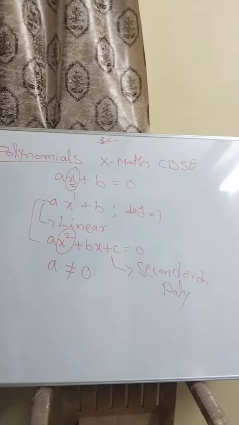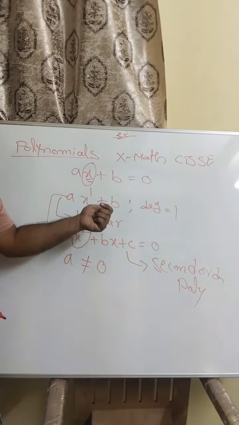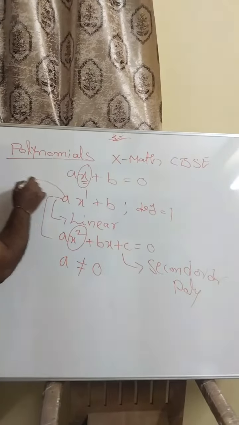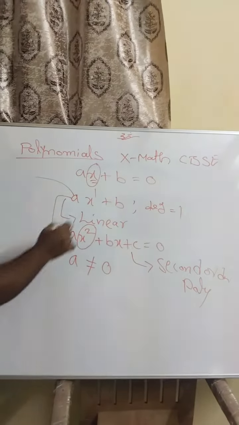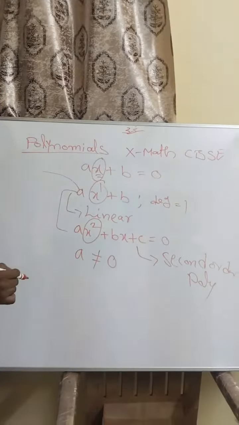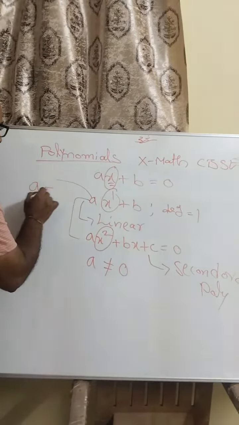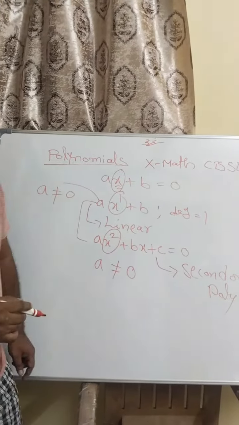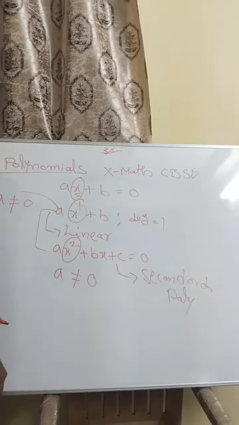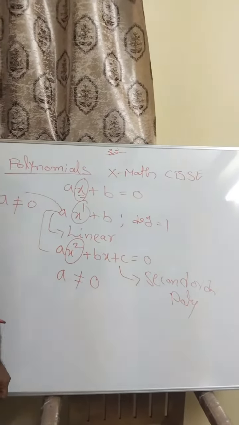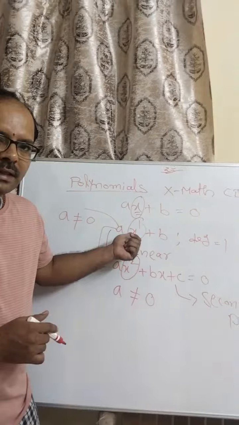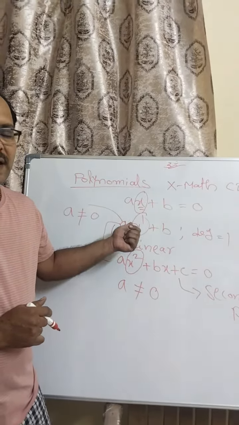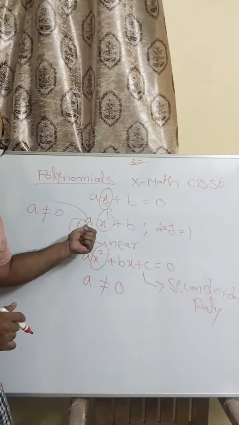So let us go back to the first order polynomial. To confirm that it is a first order polynomial, the coefficient of x is a, which should not be equal to 0. So do remember, the order of the polynomial is verified based on the highest power of the variable and its coefficient, which should not be equal to 0.